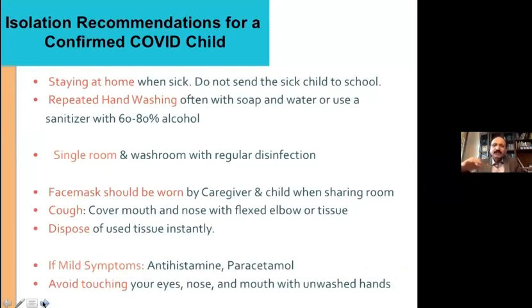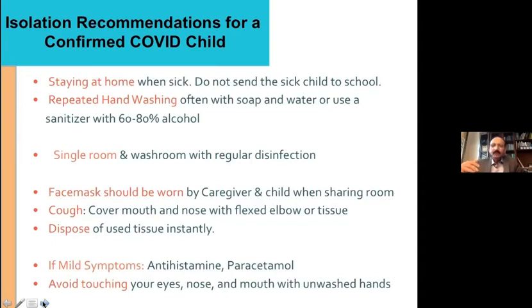What are the isolation recommendations if you get a child who is COVID positive, but is not very sick? Staying at home when sick, don't send these children to school. Repeated hand washing with soap and water; we all know you can use sanitizer as well, but in the pediatric age group, we would prefer people ask children to wash their hands.